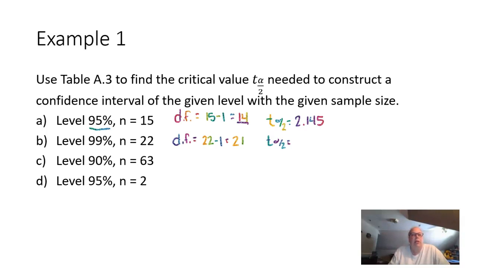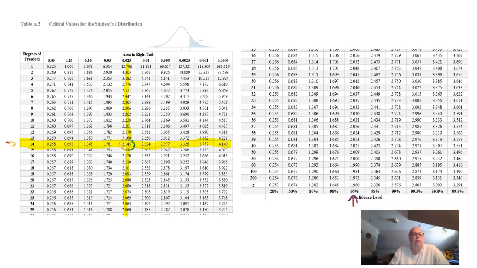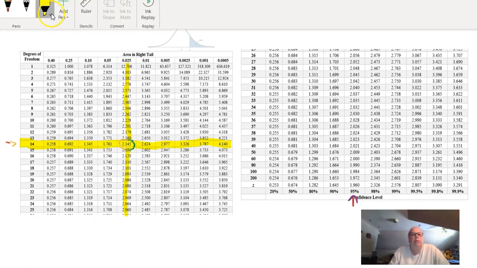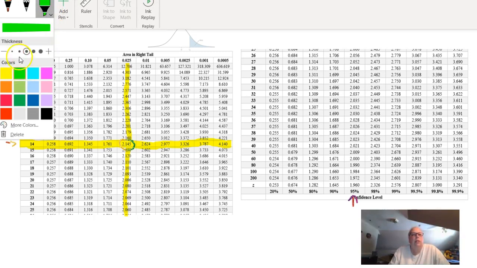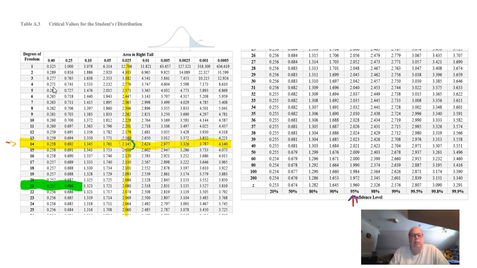So let's go back over here to Table A3, and I'm going to change colors here so that we don't get confused. This time I'm using green. We want to be on line 21, that's right here. And then the column 99%, that's the fourth one from the right.